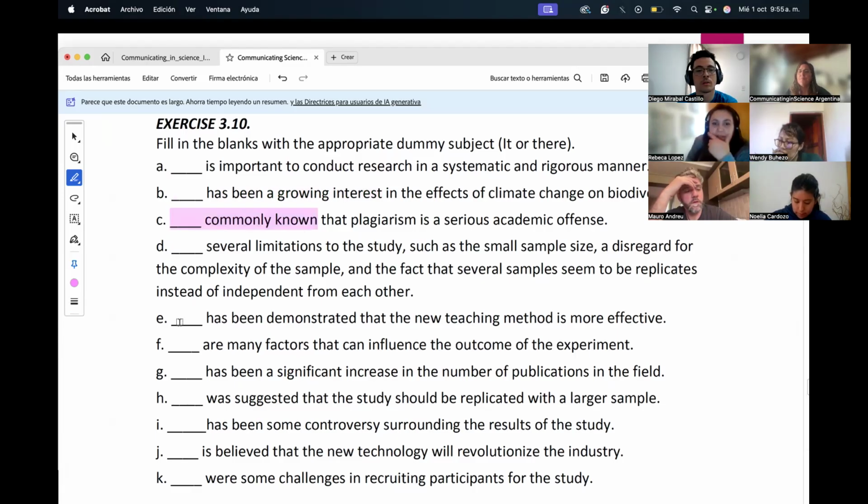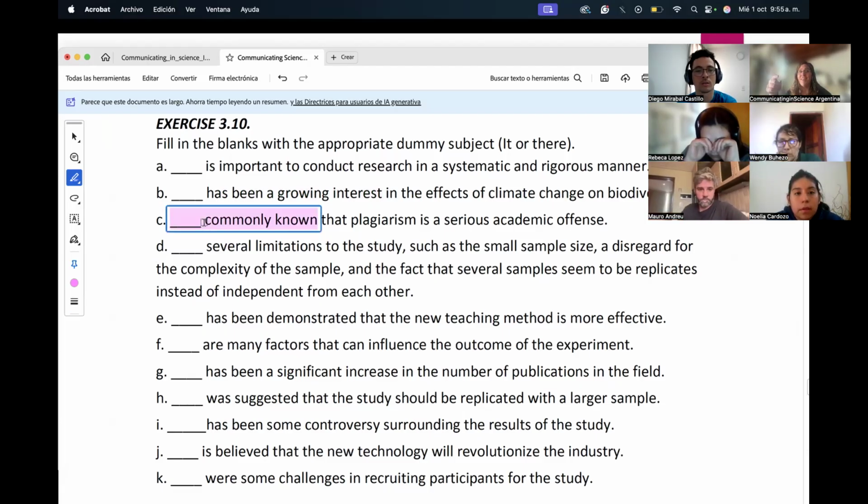Here, what do you think? It or there? It. But it's missing something there. We are missing the verb here. The same happens here, we are missing the verb.